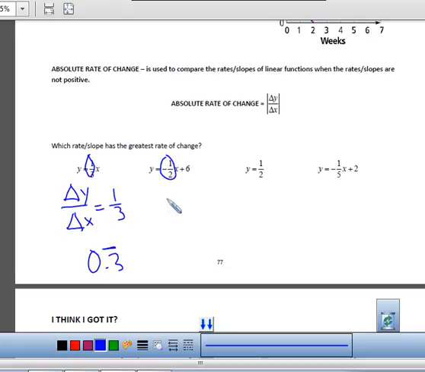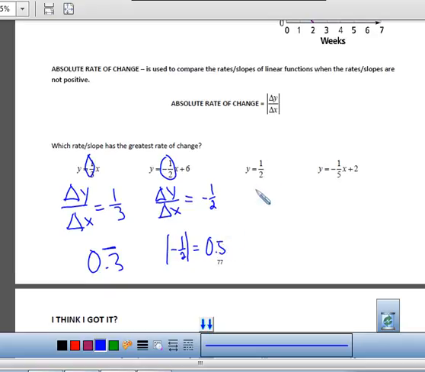And it is -1/2. But I need to take the absolute value of that when I'm comparing it. So the absolute value of -1/2 is equal to 0.5.